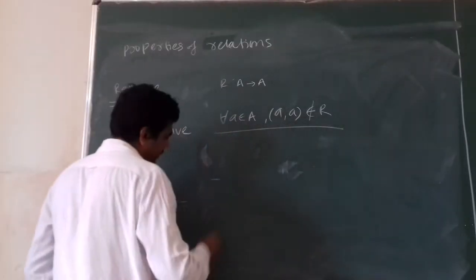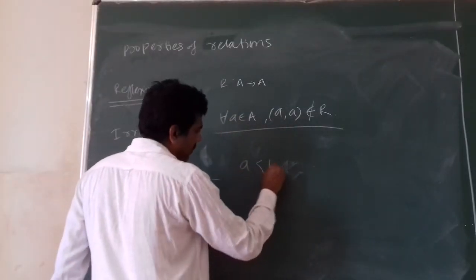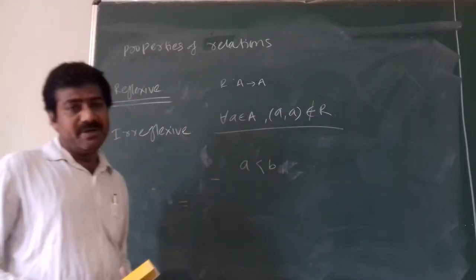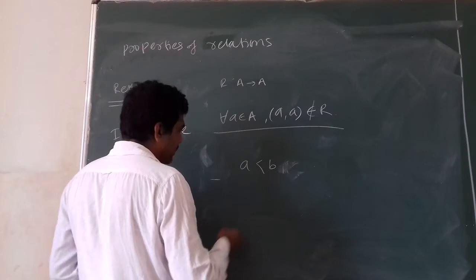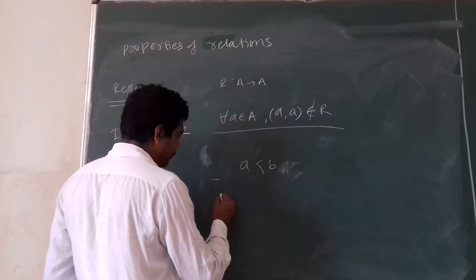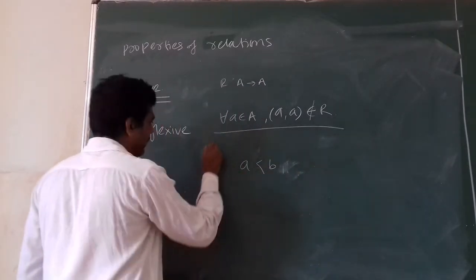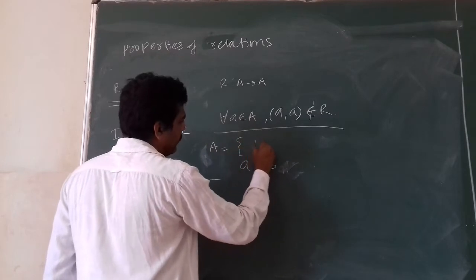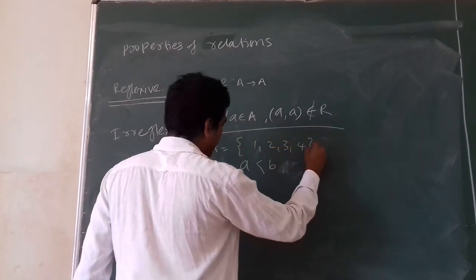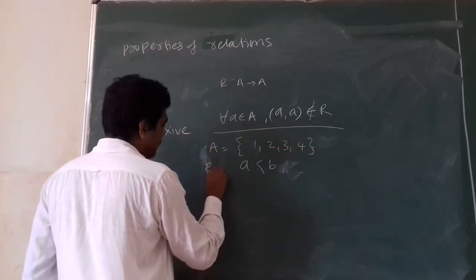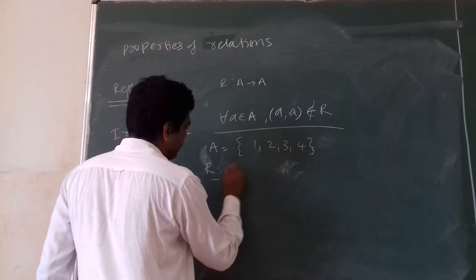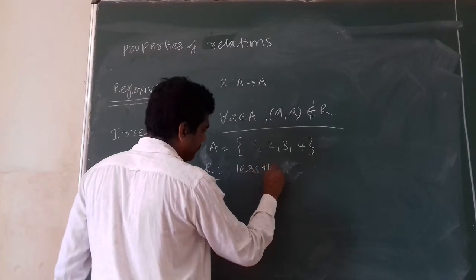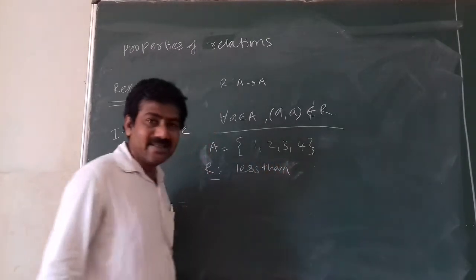Let's say the relation is that a is less than b. So if you observe on a set of positive integers, let's say we have capital A as the set 1, 2, 3, 4. Okay, and R is the relation less than. The first number is less than the second number.